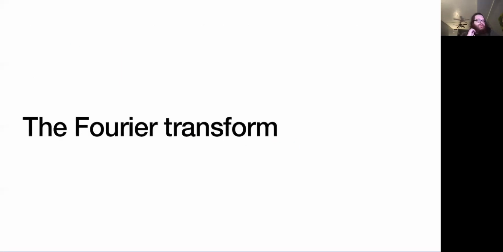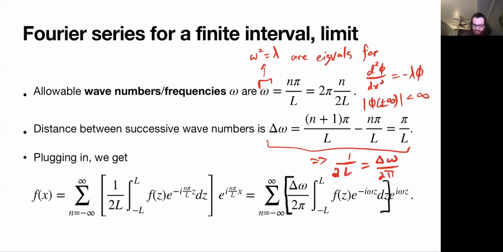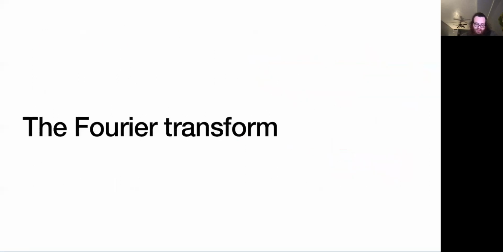This is all getting at the Fourier transform. As we take the limit, the piece that pops out of the integral is what we'll call the Fourier transform, and this summation over here will turn into an integral, which is where the superposition principle comes into play.